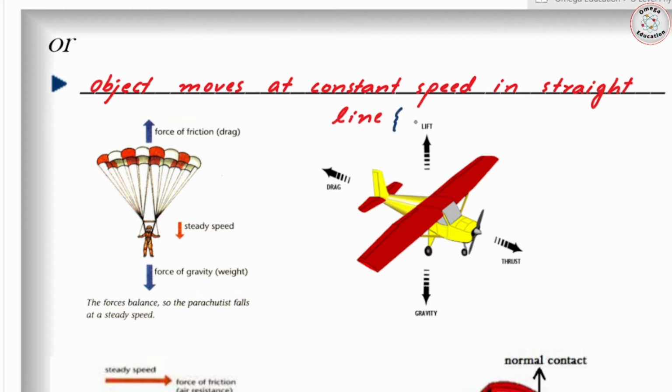That is also called constant velocity, because if we add a certain direction to the speed, that becomes velocity.